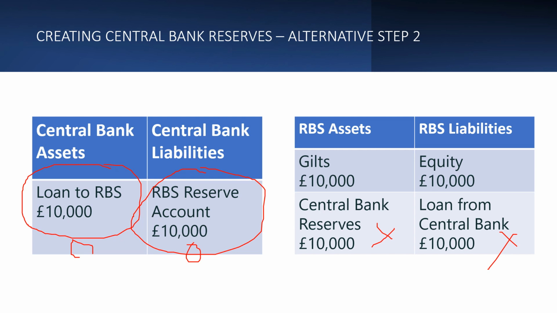It's not through tax money, it's not through gold reserves, it's just happening through keystrokes. And conversely, on the side of the RBS, they would now have central bank reserves of £10,000, which they can use to create more loans. And they also have a liability, which is to repay its dues to the central bank in the future.